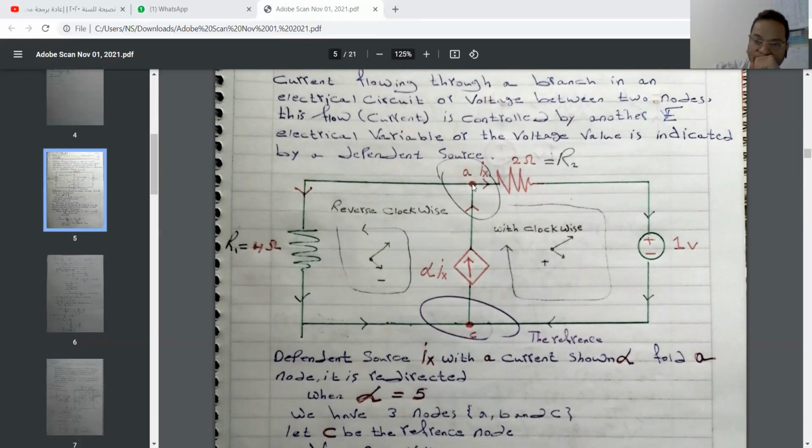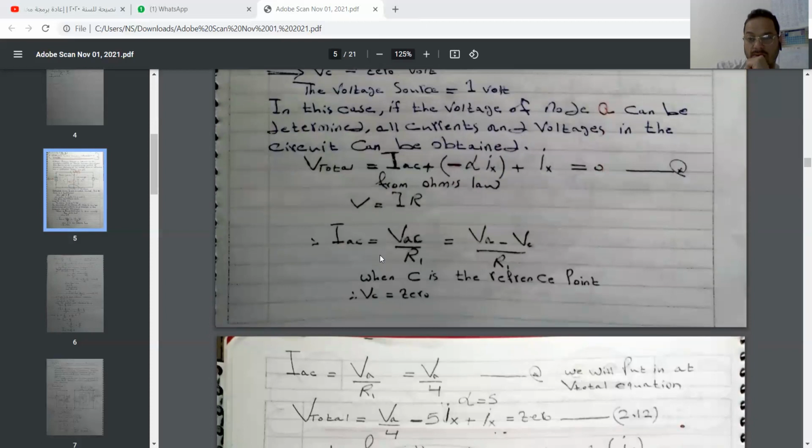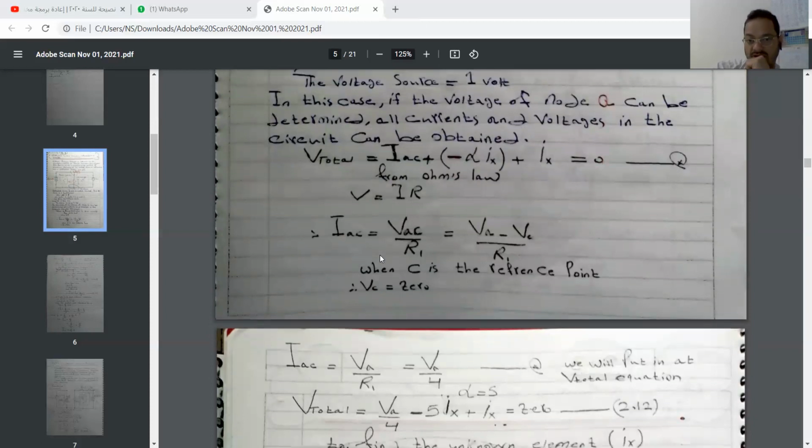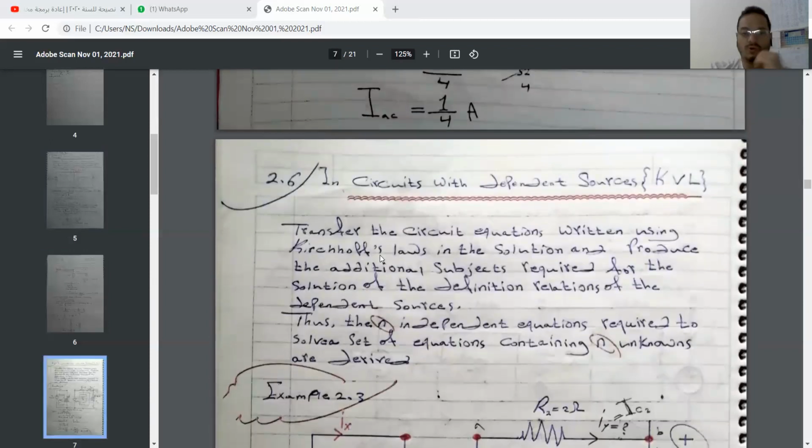That means current IAC dot 2 ohm will equal the voltage drop at resistance 2, and the current here, the voltage drop at R1 equal IAC dot R1. After that, we can calculate the power equal voltage current. Question 2 is done. Let's go to the last question today.